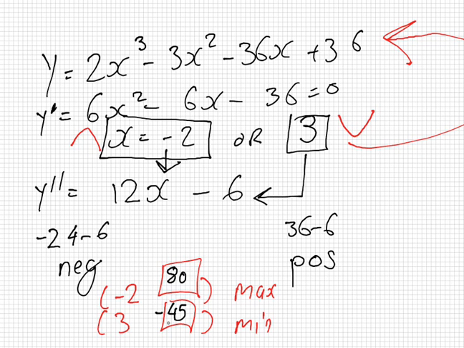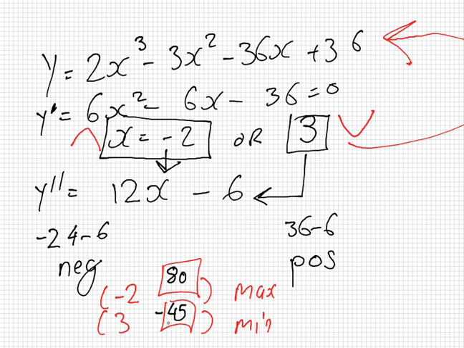Now, I should also point out, if the second derivative is equal to 0, what does that mean here? It could be a point of inflection. It's a bit strange, isn't it? If we have 0, we don't know if it's a max or a min.